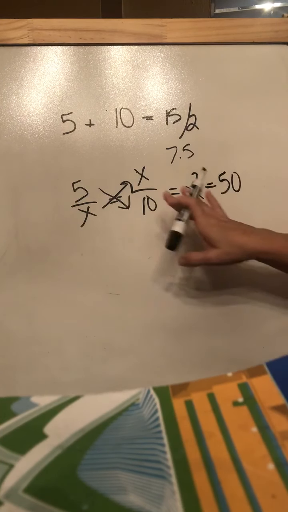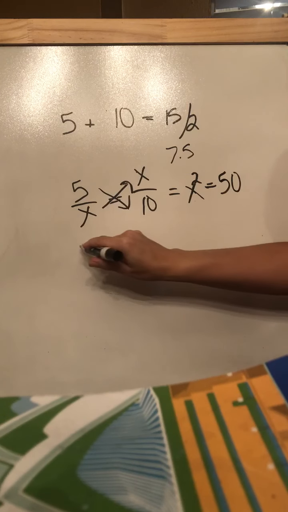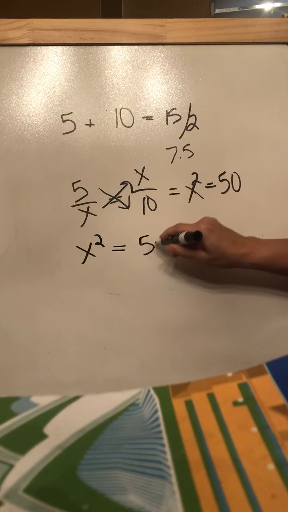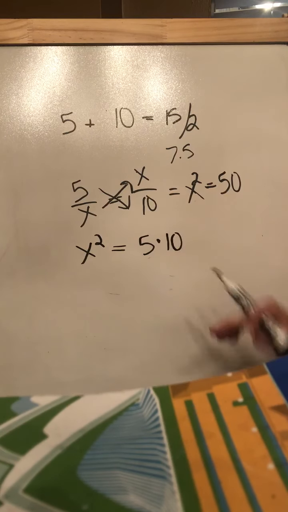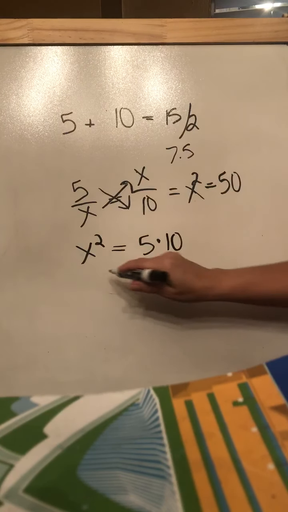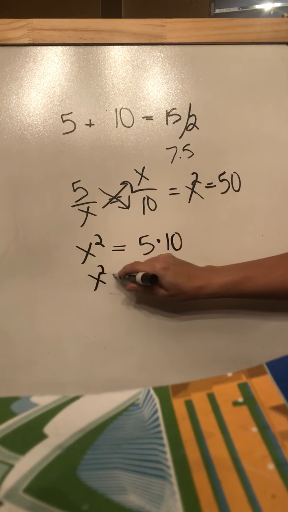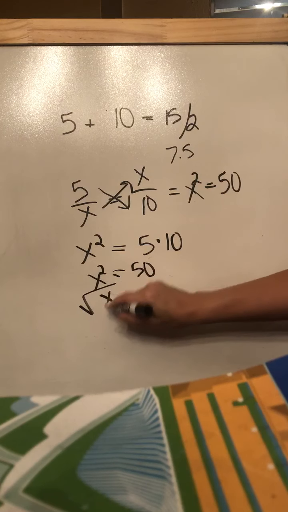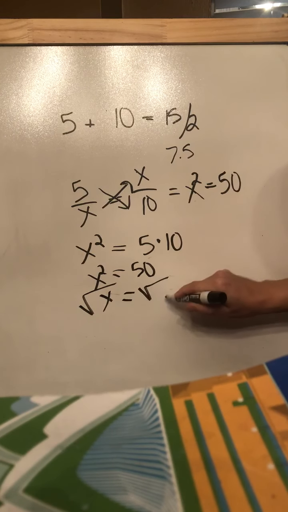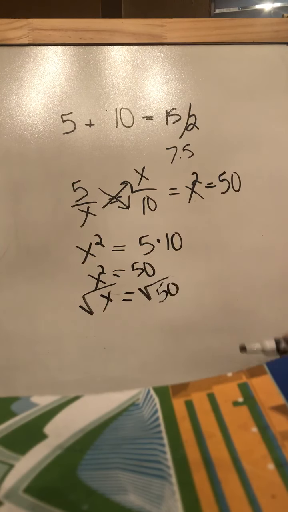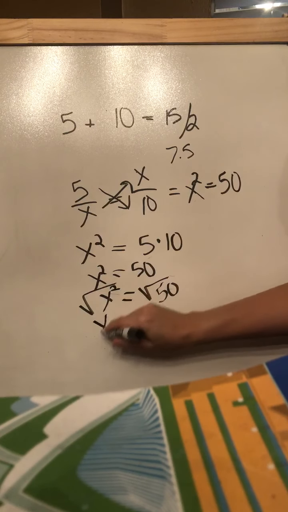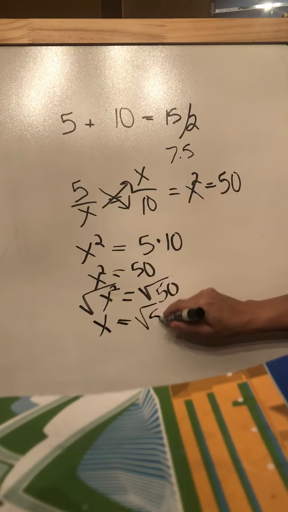So if x squared equals 50, what you're essentially doing here is saying x squared is going to be equal to 5 times 10. Well, if x squared is 5 times 10, that means x squared is 50. And then we're going to take the square root of each side. Okay, from there, how do we solve this then? Sorry, square root of x squared. Well, that cancels out, so you're left with x equals the square root of 50.